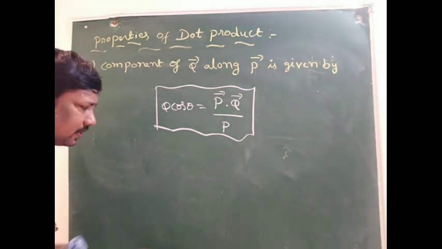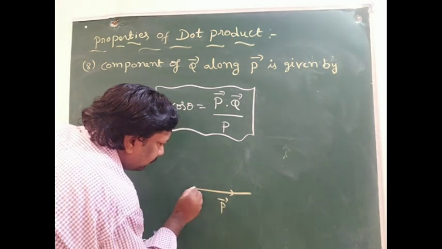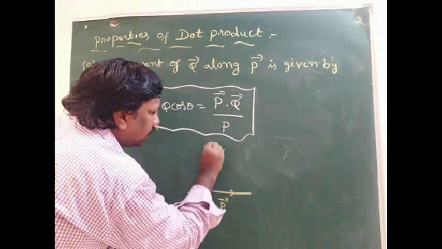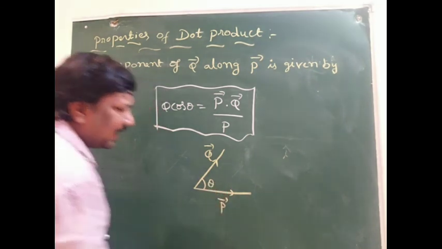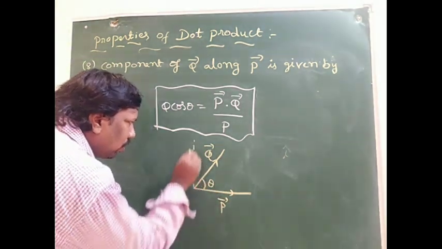So in this case, this is the P bar, this is the Q bar. Here Q bar is making an angle theta with P bar. So here Q bar is resolved into two components.